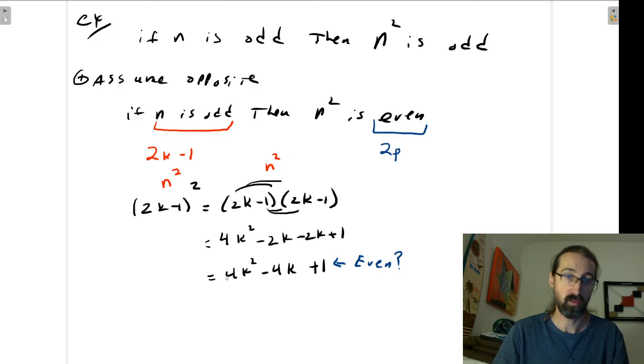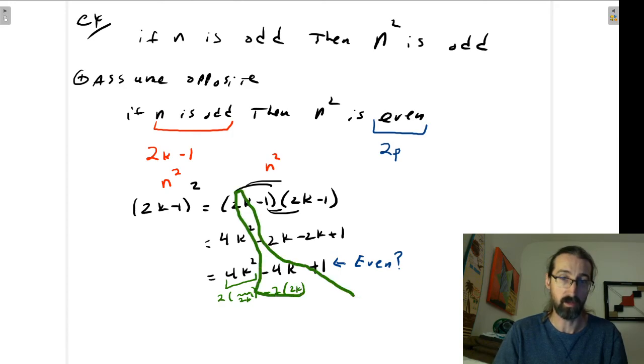This part here, this 4 times something is the same as 2 times something, right? 2 times this is 2k squared, right? But it's 2 times something. And this here is minus 2 times 2k, right? Let me show you that again. This part here is 2 times 2k squared, right?